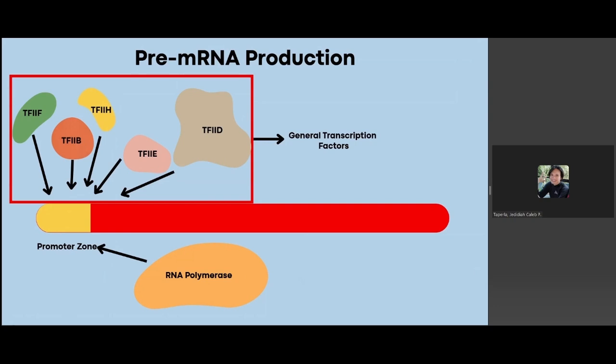To start the transcription, RNA polymerase requires several different proteins called the general transcription factors to bind to the promoter regions. These transcription factors are TFIID, which is the largest, while the others are TFIIB, TFIIE, TFIIF, and TFIIH. And next slide, please.